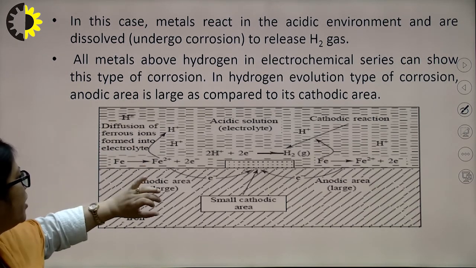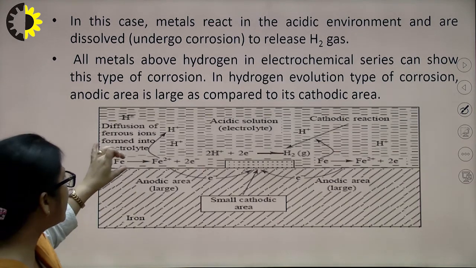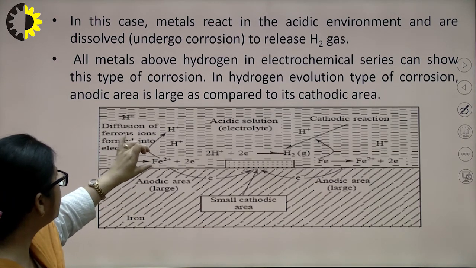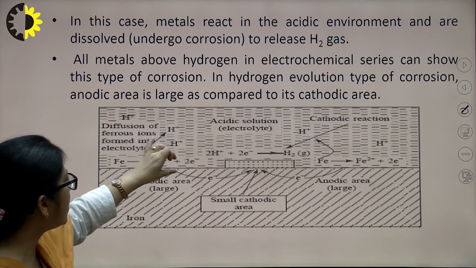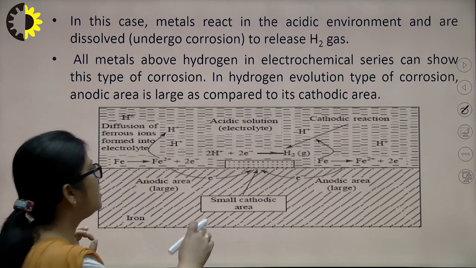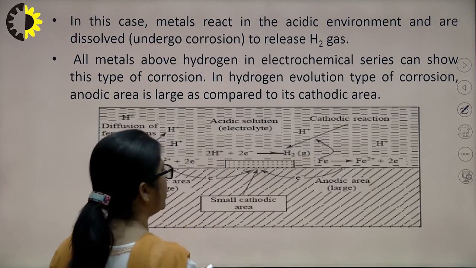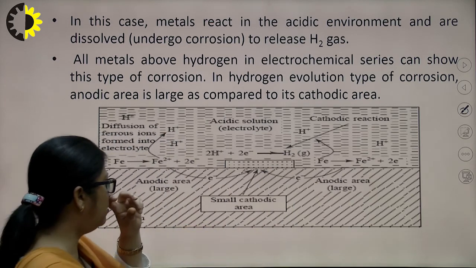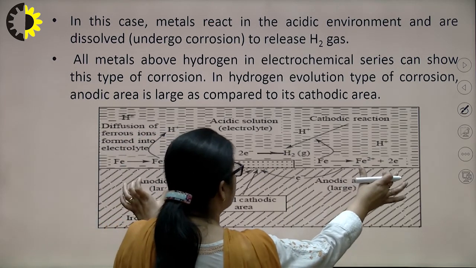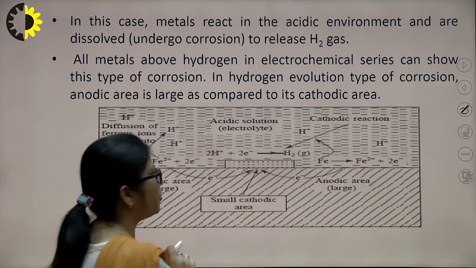So, here I am showing the dissolution of the metal to form ferrous ion and release of electrons, and these electrons are intercepted by the 2H plus to form hydrogen gas. So, there are large anodic areas and a small cathodic area.